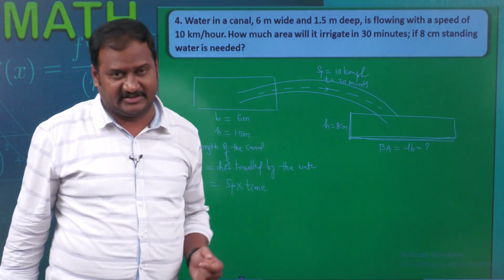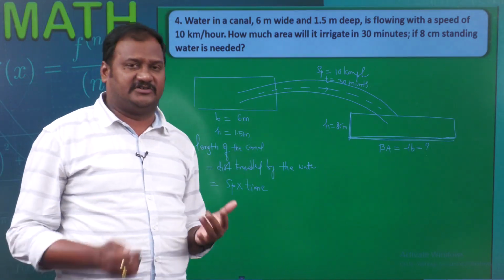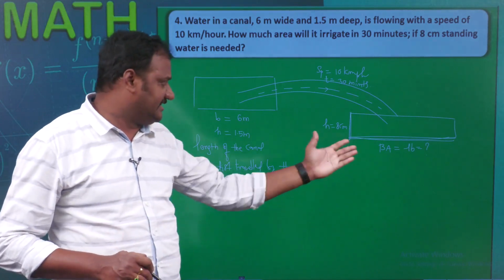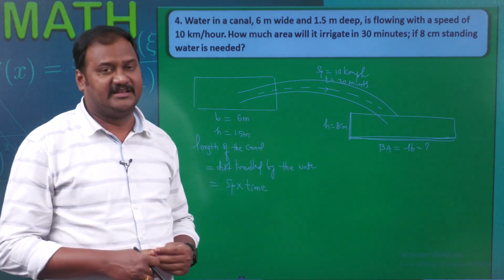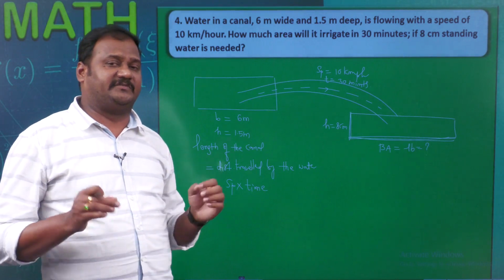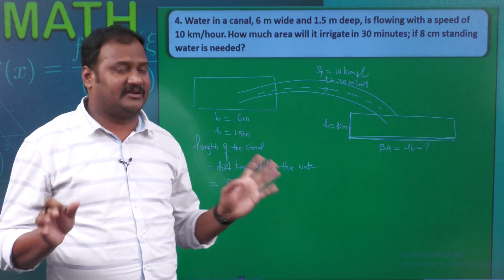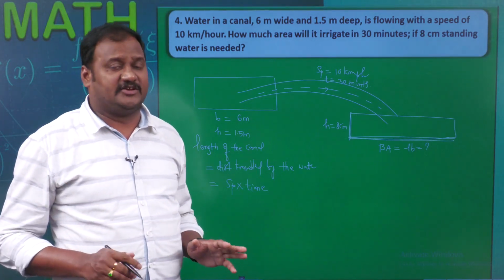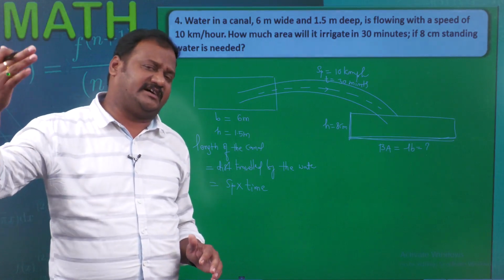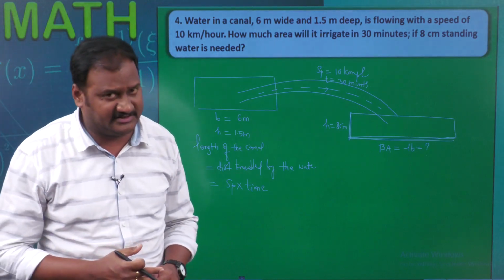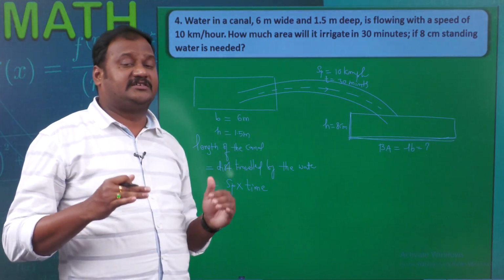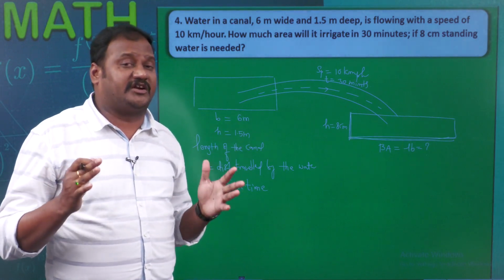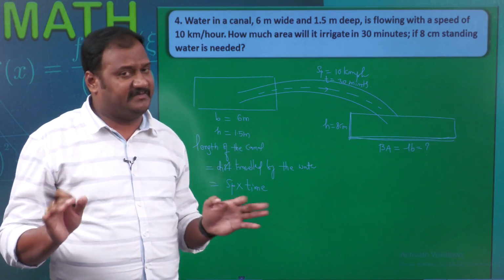So what is the standard unit for kilometers as well as centimeters as well as meters? Converting everything in terms of meters is a better conversion. Otherwise, you might get very big numbers or very small numbers. So always try to convert the units in terms of meters.